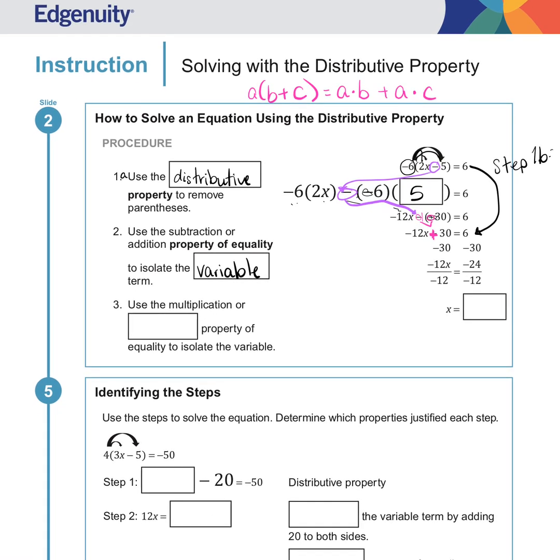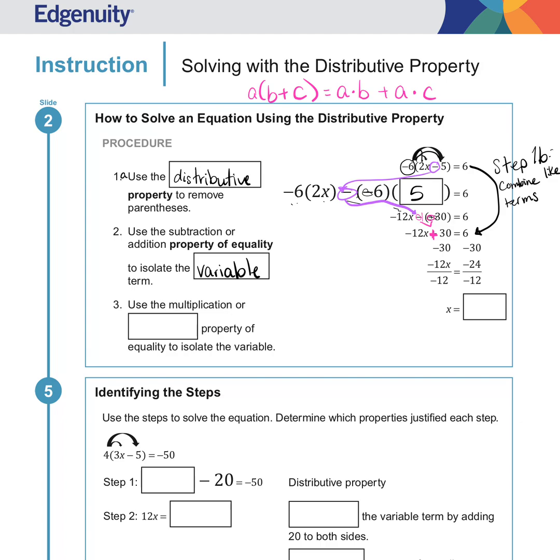That step is combine like terms. We wanted to do our multiplication. We wanted to sort out our plus and minus situation. So that was like our 1b.